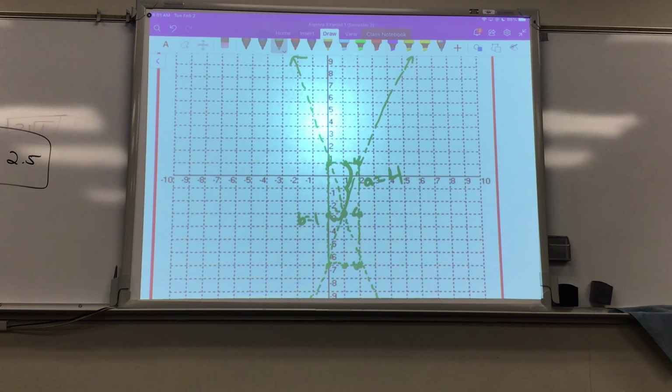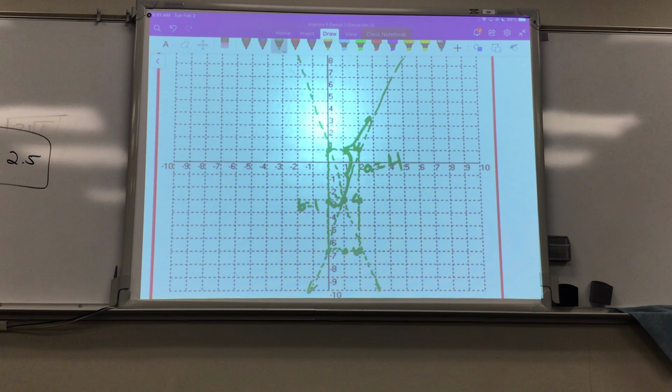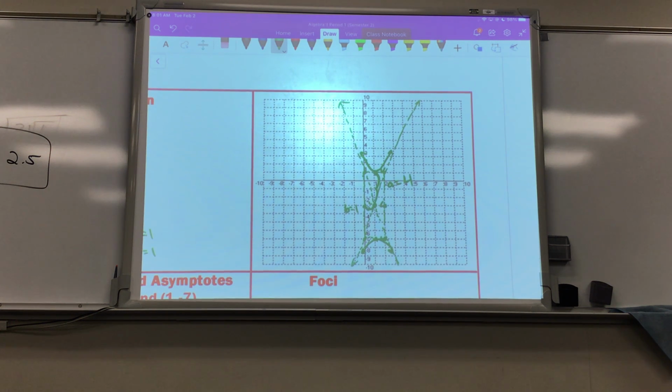If my vertices are up and down, that means what, Hayden? It's going to open up and down. Meaning, which variable comes first? It opens up and down. This guy?